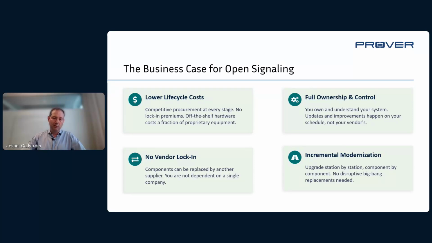So if you identify a bottleneck in your metro system, for example, or if you understand that you can increase safety by one small change somewhere, then you can make this upgrade without having to have an extra order to your supplier. You can just open up the public tender to upgrade one station, for example, or to swap one component. You don't need to have those big bang replacements. That also saves costs and headache.